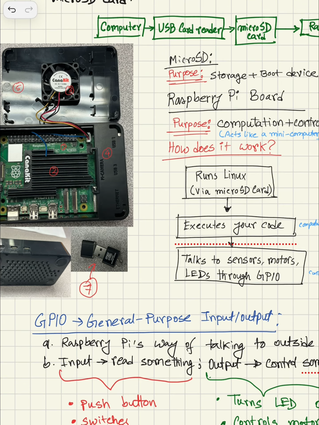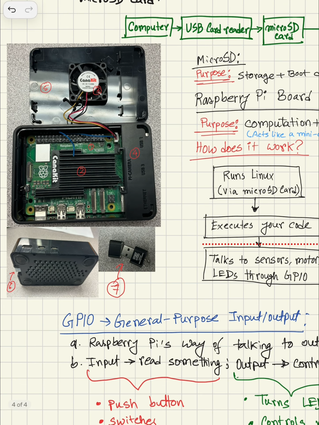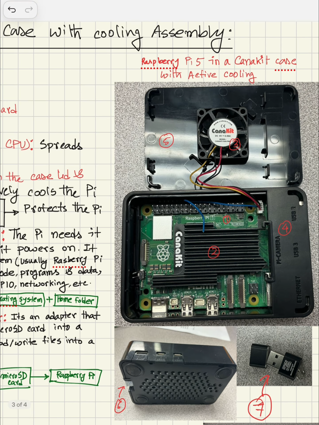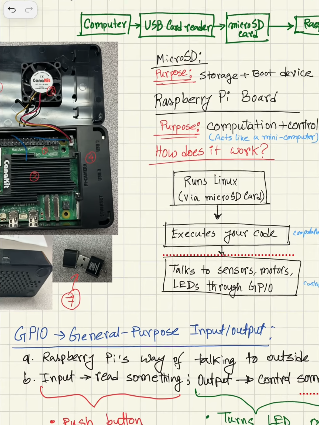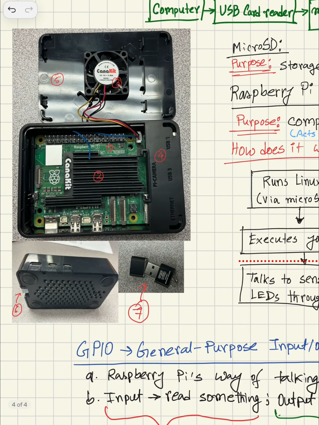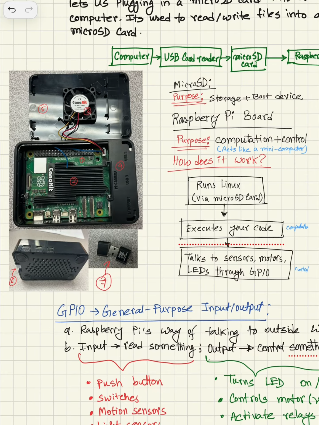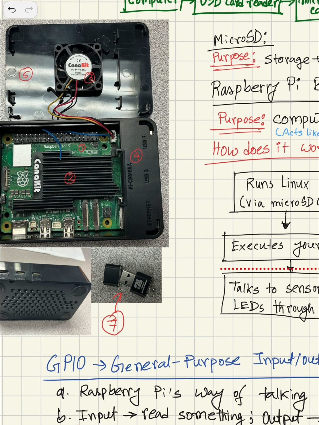But as this computation takes place, it needs some power supply because the whole thing needs energy. That's why we have number 8, this power supply, which converts AC power to low voltage DC power and provides a stable power supply to the Pi. And as it operates, as it computes and controls the hardware, it definitely generates heat.